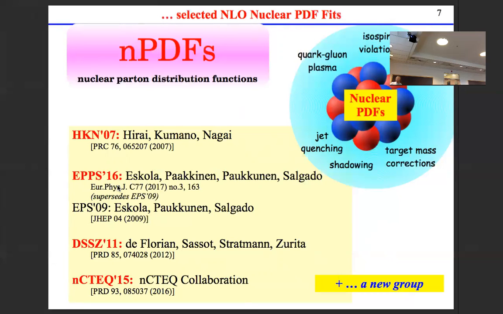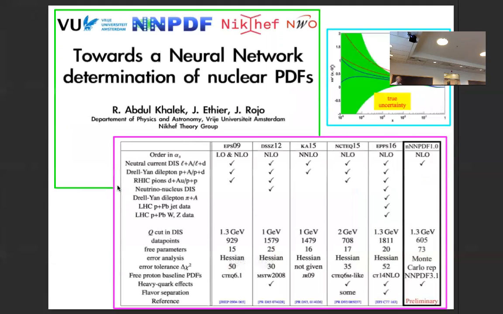And then the older DeFlorian set and the nCTEQ15. And actually, there's a new group on the horizon. There's a recent effort by the NNPDF group to also include nuclear PDFs. They're just starting here, but this could be quite interesting.